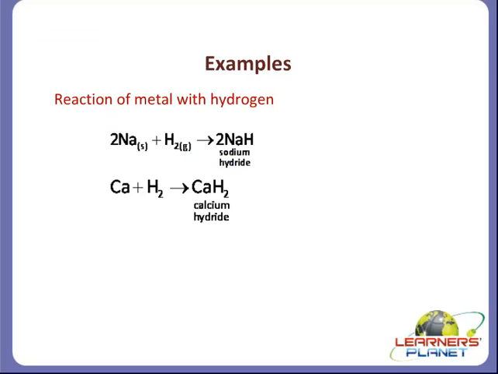Now if I write the elements of the first group here, they are hydrogen, lithium, sodium, potassium, rubidium and cesium. As we are moving down the group, from top to bottom, what is happening, children?